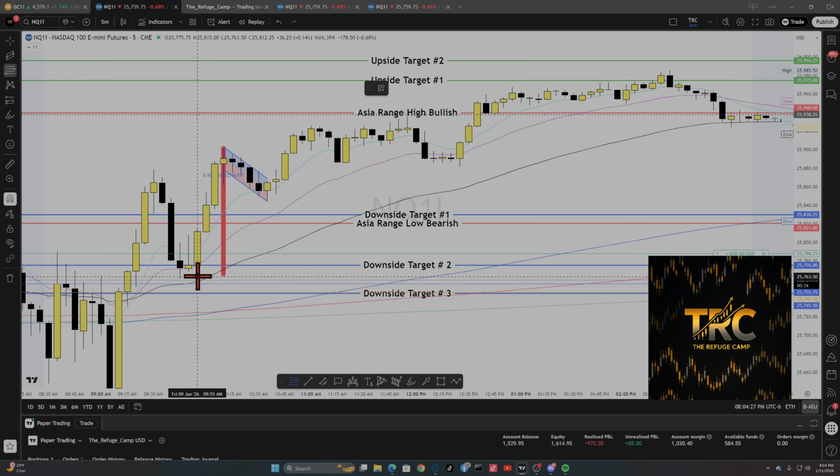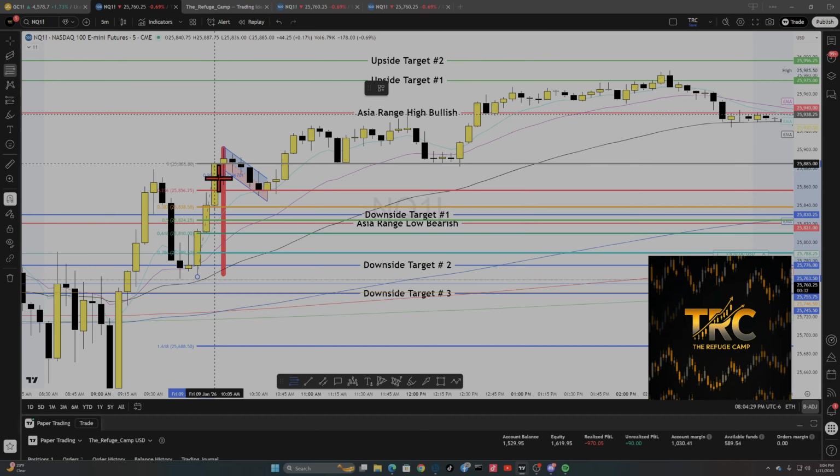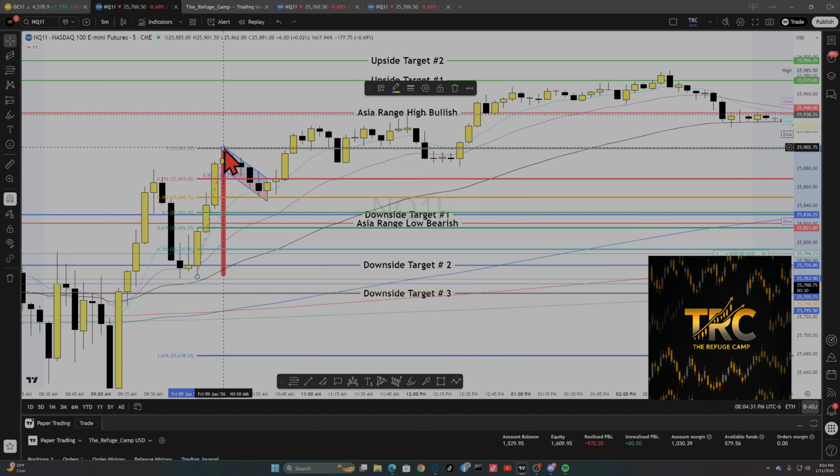You grab the bottom of the pole to the top where price reversed. And a true flag is going to only retrace 38.2% or 50% before it continues moving up.